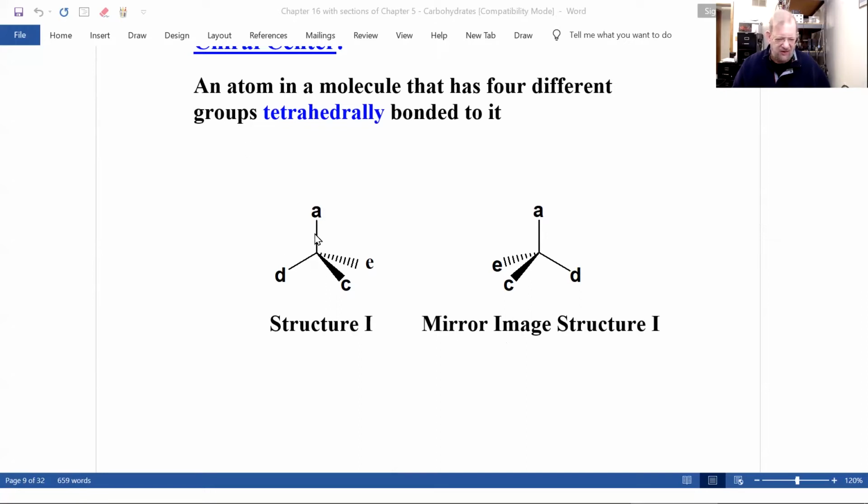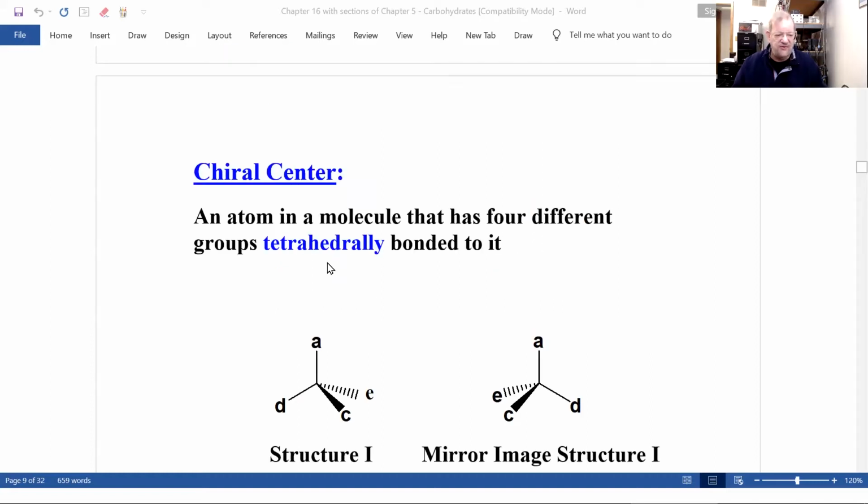And I'll explain more today or on Monday why having a chiral carbon is quite important. But anyways, for chirality you have to have four different groups. When that happens, that's considered a chiral center. But since this is organic chemistry, I'll just be talking about chiral carbon atoms, which, being a lazy organic chemist, I shortened down to just carbon atoms.